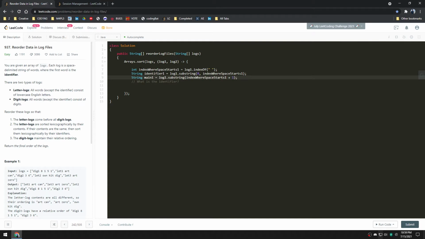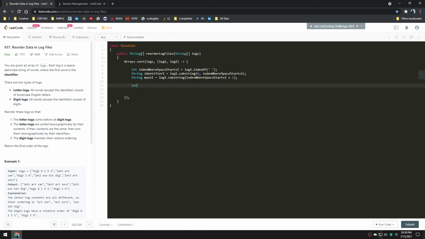So we've established where our first space is, the identifier, and the rest of the log, which is everything after the identifier.